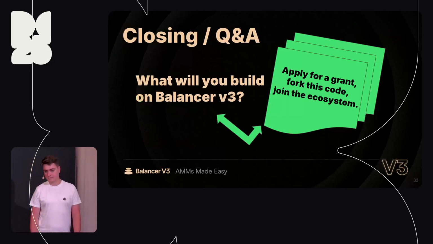So what's the process to participate in these grants? Do we put up proposals in a forum first, or do we just start forking V3 contracts? No, talk to me first. Reach out to me. We need a proposal for sure. That proposal does not have to go to the forum.